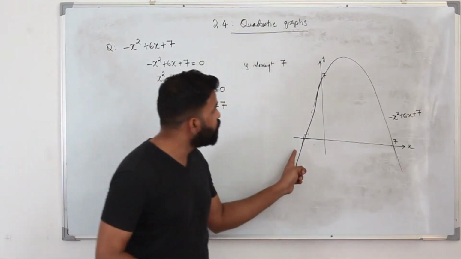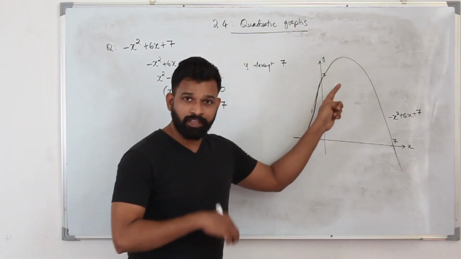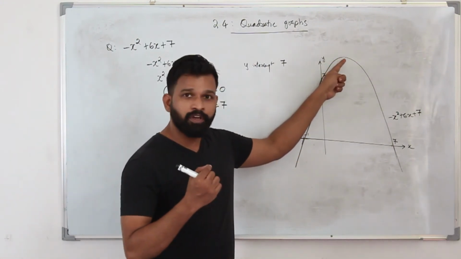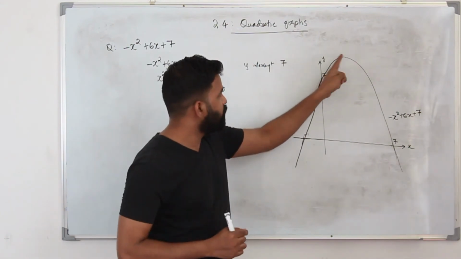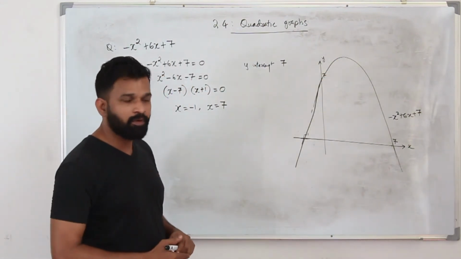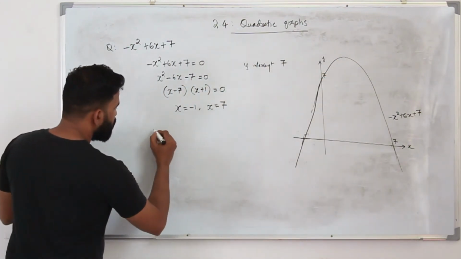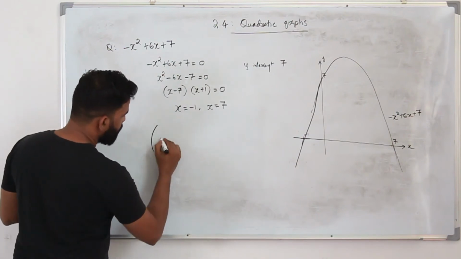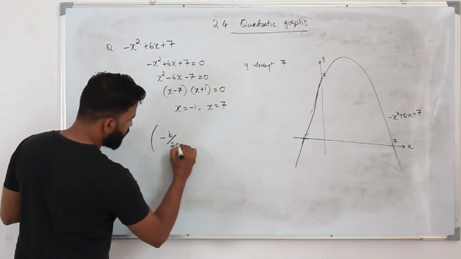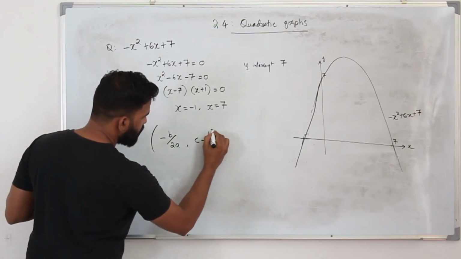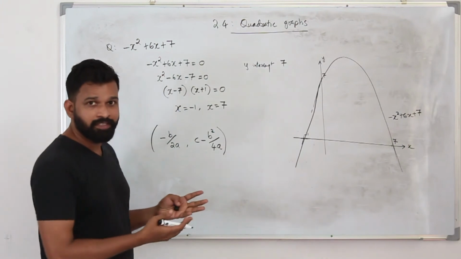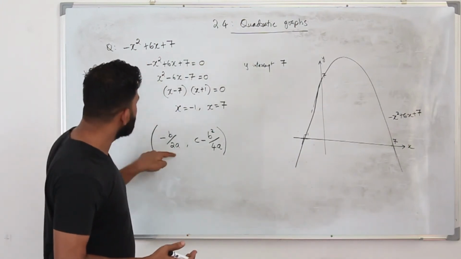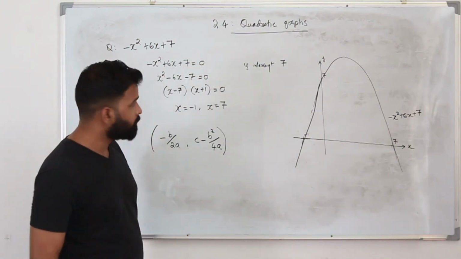And the next thing, you need to find the maximum point. For the upside down curve, the turning point is the point where the curve has its maximum value. How do we find the maximum or minimum point? You use this formula: minus b upon 2a, comma, c minus b squared upon 4a. I prefer this because straight away you can substitute the values of a, b and c.